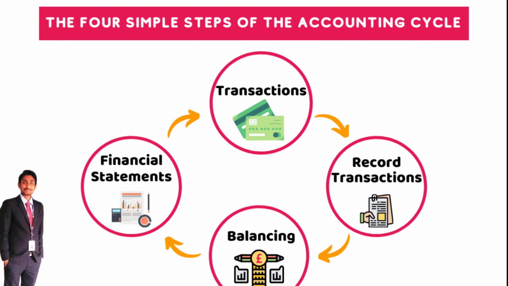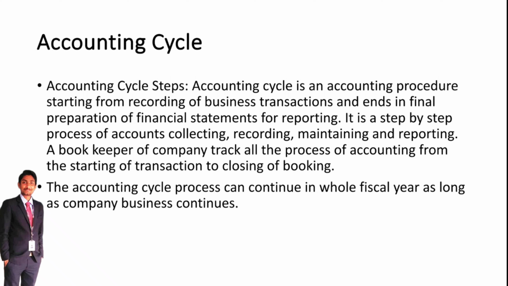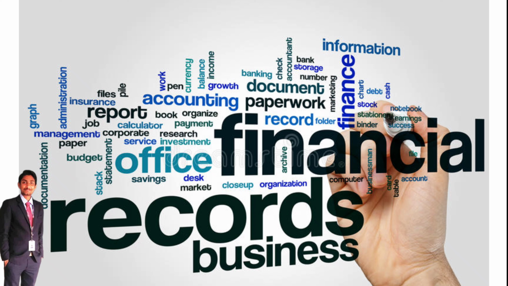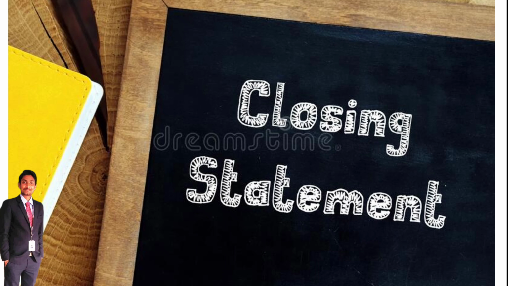It is a step-by-step process of accounting: recording, maintaining, and reporting of financial transactions. The accounting cycle includes collection of transactions, recording of the transactions, maintaining of the transactions, and reporting of the transactions. It starts with collecting a business transaction and ends with the final preparation of financial statements.